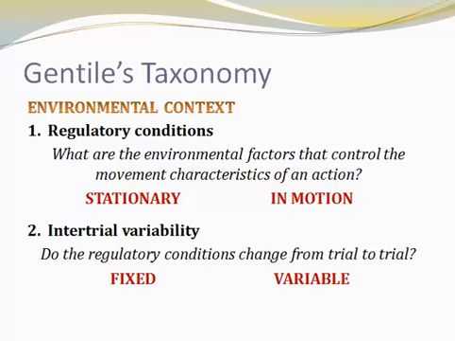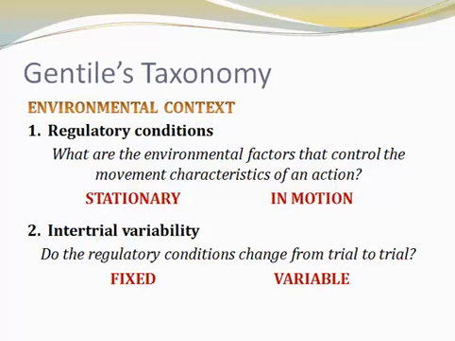Our first dimension is the environmental context, and our two characteristics of the environmental context are regulatory conditions and intertrial variability. Regulatory conditions refer to the environmental factors that specify the movement characteristics needed to perform a skill.